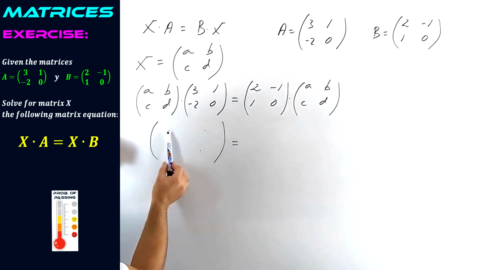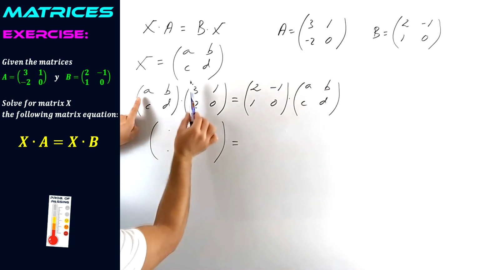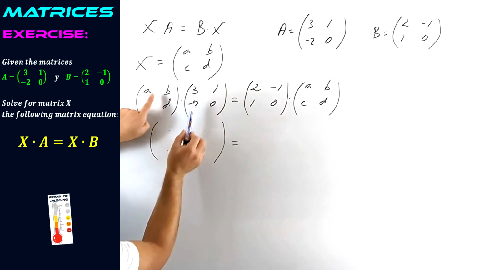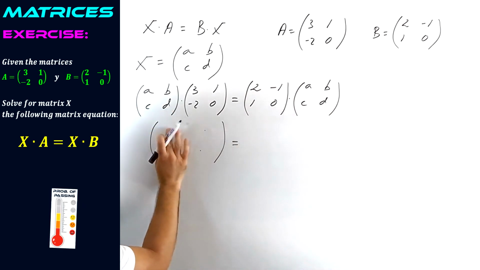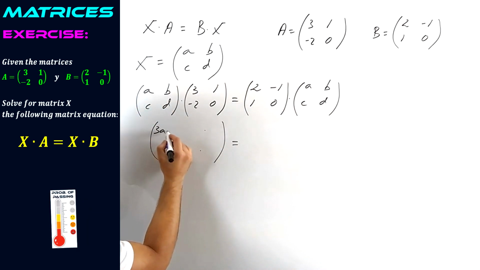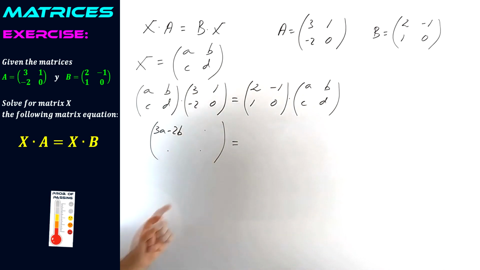Position 1, 1, row 1, column 1: 3A minus 2B.